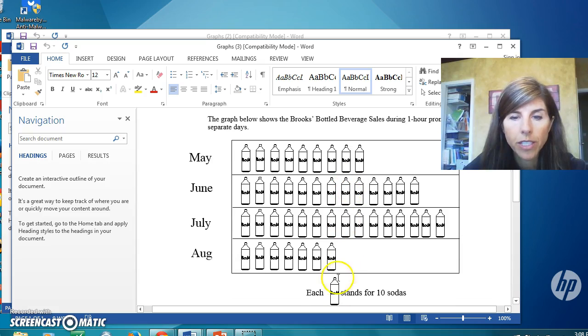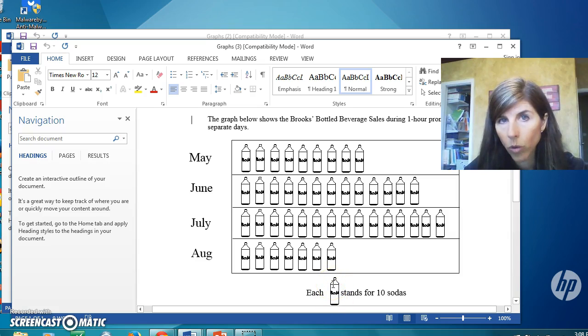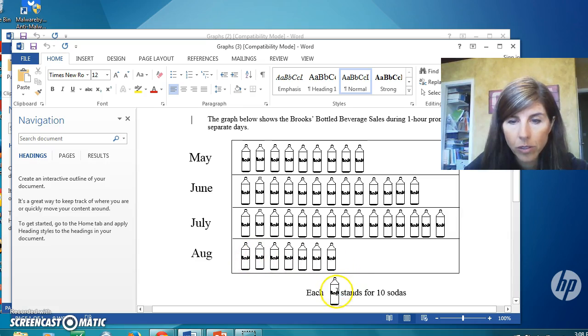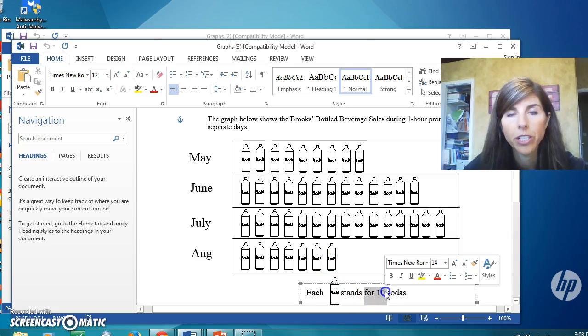So for this graph, each bottle stands for 10 sodas. It just depends on how many you have. You want your picture to represent more than one because you want to practice counting. So they had a lot of beverages, so they want to have one beverage equal a lot.